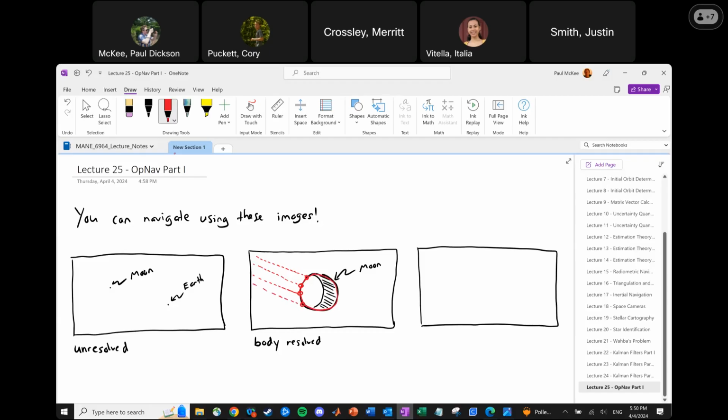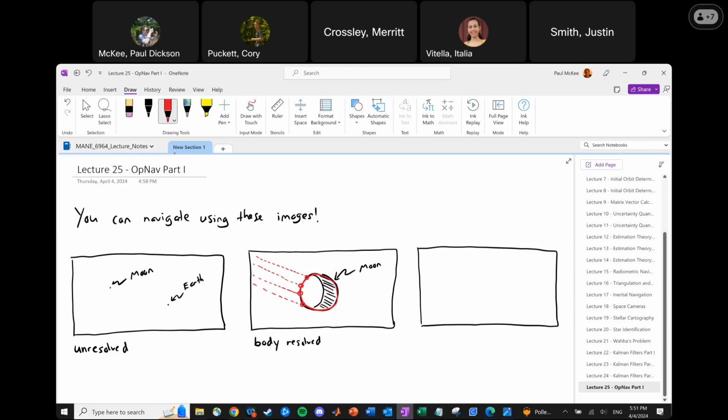And what I would contend, and this is an oversimplification, and you'll see in this lecture that this is an oversimplification, is that the radius of the moon in the image gives you information about its distance, right? Because the wider it is in the image, the closer you must be to it. And the smaller it is, the further away you have to be.